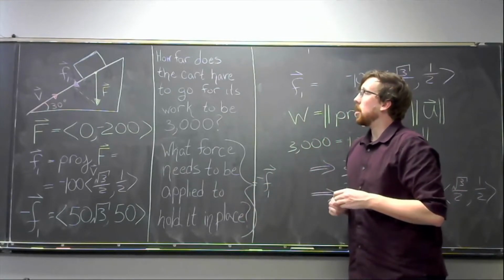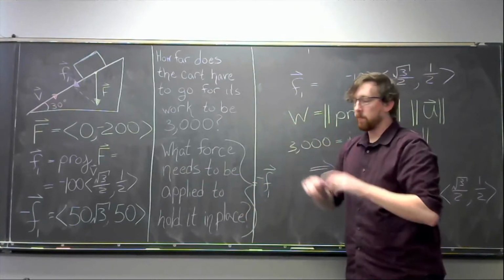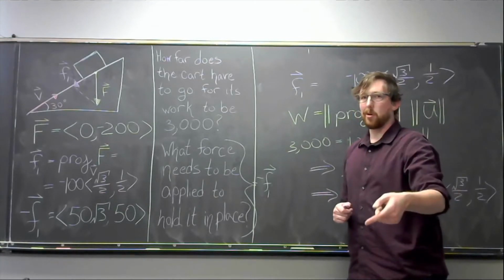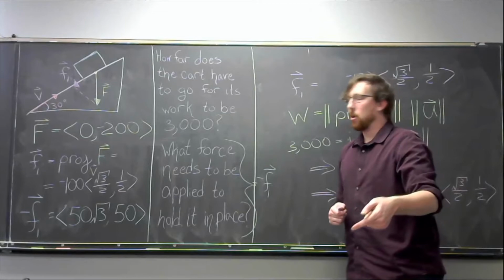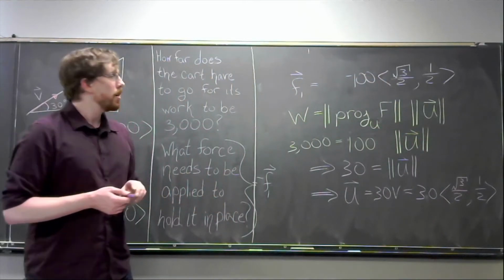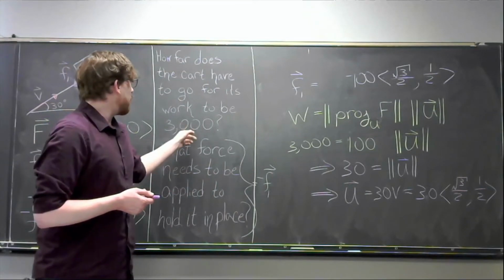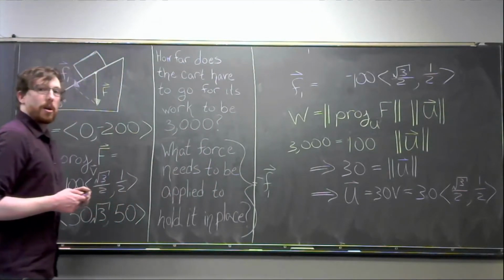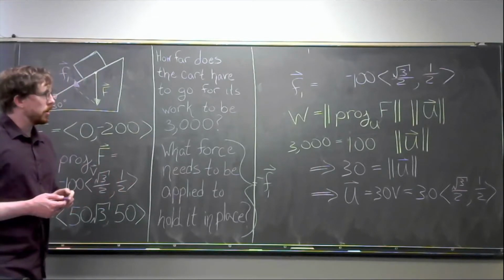To keep the cart from moving. But if we were to allow the cart to roll, it would have to roll 30 units before it did a work of 3,000. And that's what we just found out.